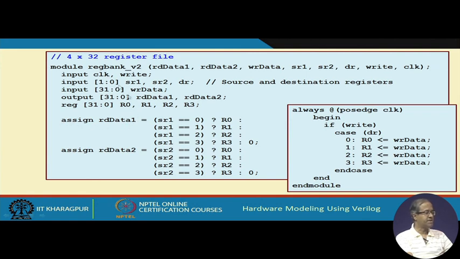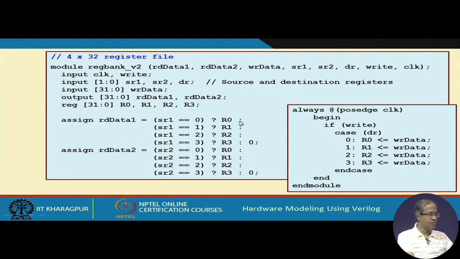The first part is identical, there is no change here. Only thing, because here read data 1 you are not assigning inside an always block, we have not given reg here, only output, right. Here this is like an if then else kind of a statement using the conditional operator. What does it mean? It means if SR1 equal to 0, if this condition is true, then R0 is assigned.